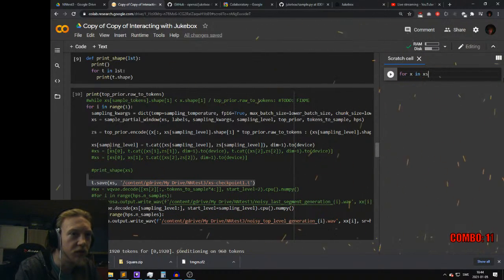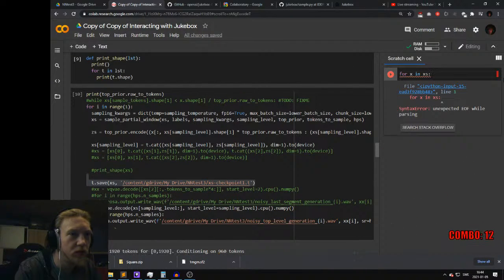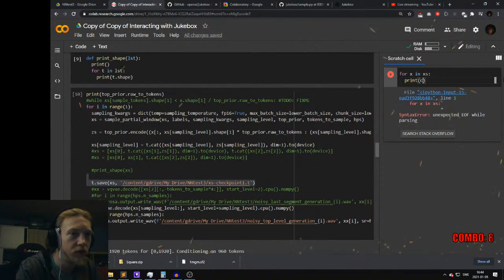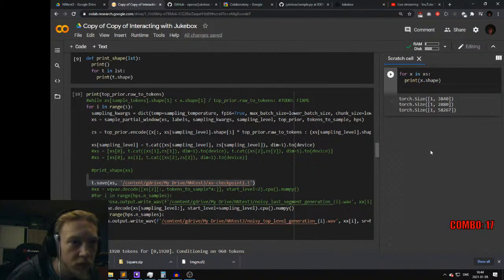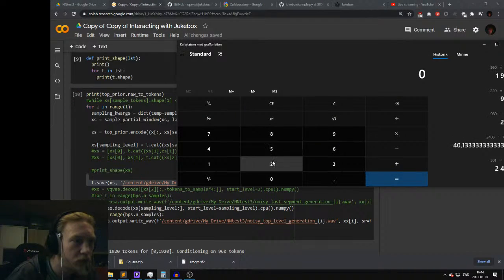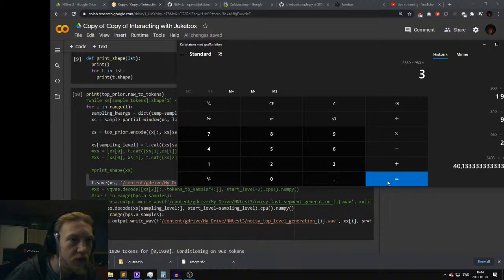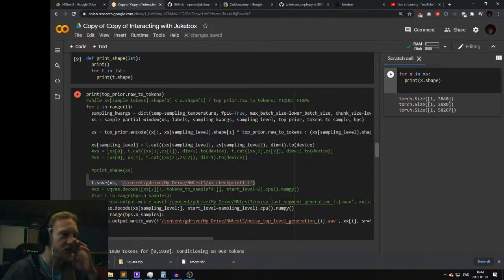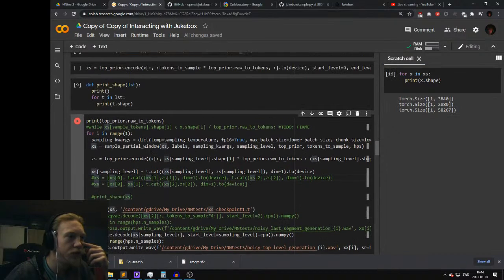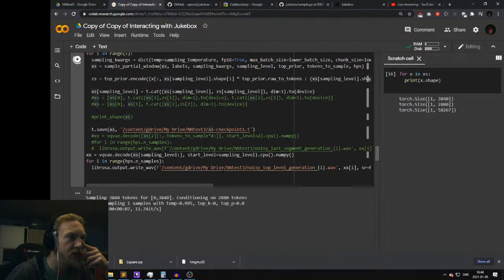For X in axis, print X dot shape, please. 2880 divided by 960 is 3 so far. Yes. We gave it one, it generated one, and now we have added one more for it to generate from, so we will go with that.